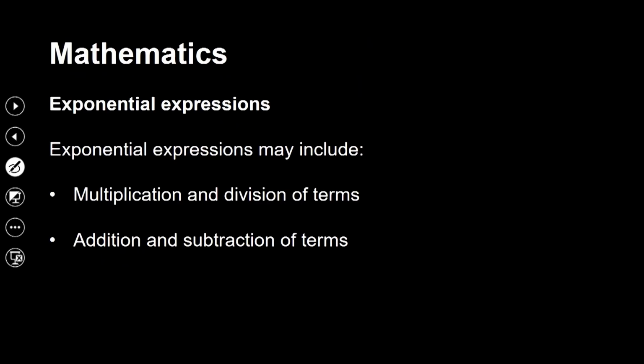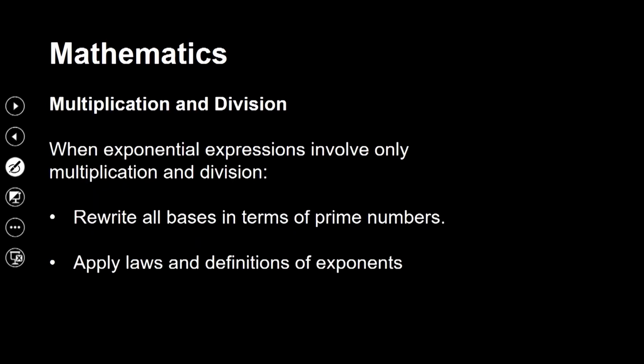Now, an exponential expression may include multiplication and division of some terms. This is the easier one to do because you just need to change your basis and then do everything that is necessary. Or it can also be addition and subtraction. This becomes a bit complex, because then your concept of cancelling, you really need to be sure that you are doing the right thing.